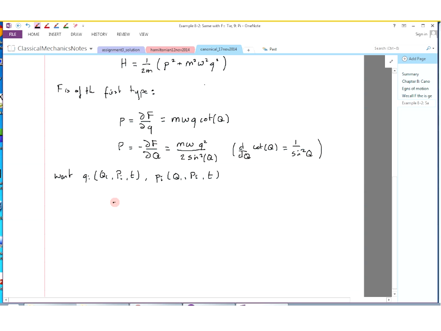So I can write q squared. I'm just rearranging the second equation that I have there. So q squared is equal to 2 over m omega times P sine squared capital Q, right?